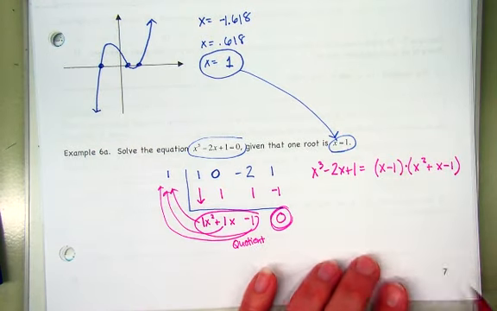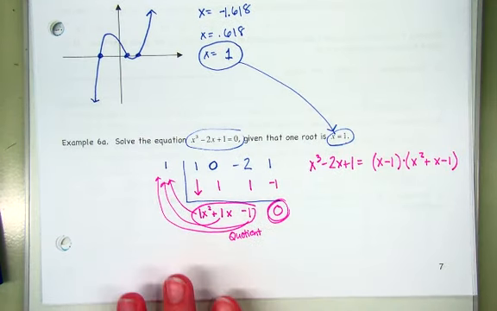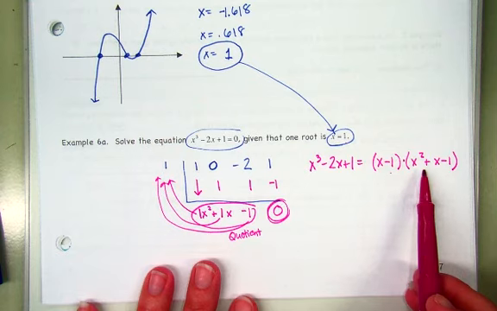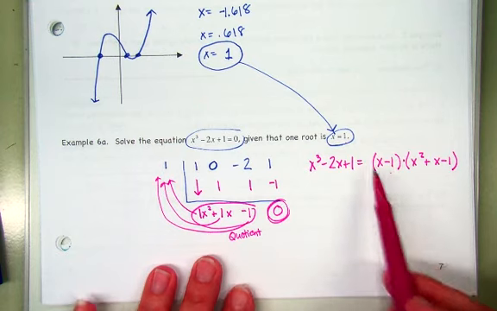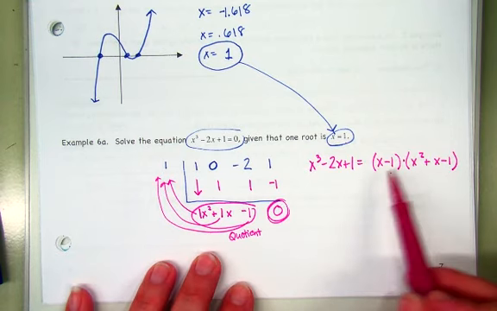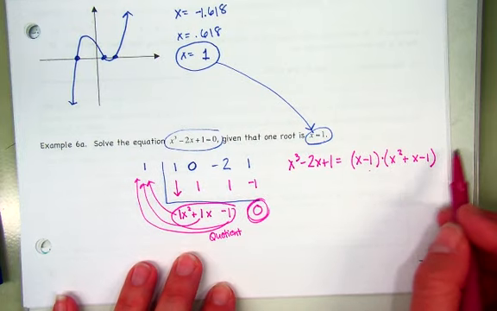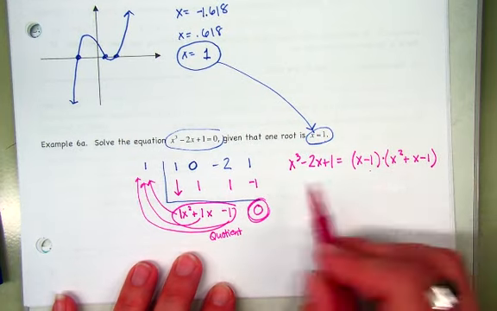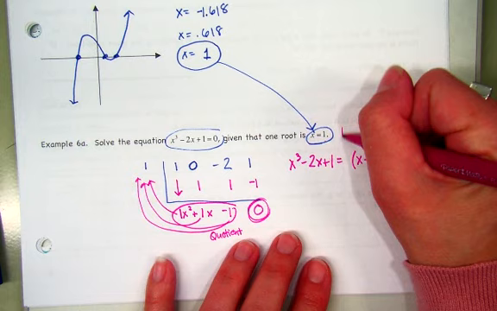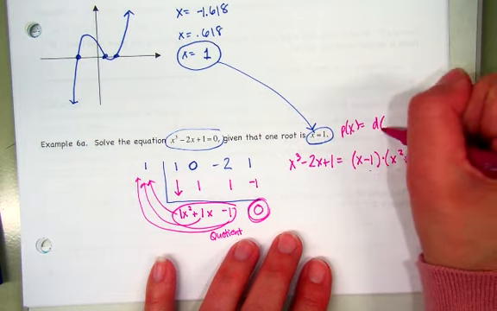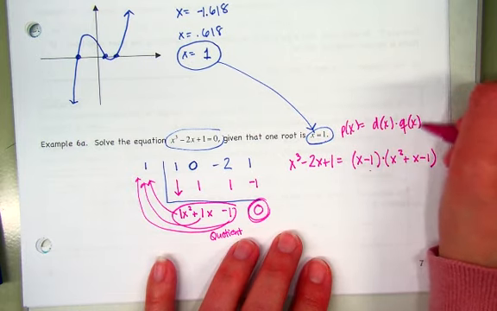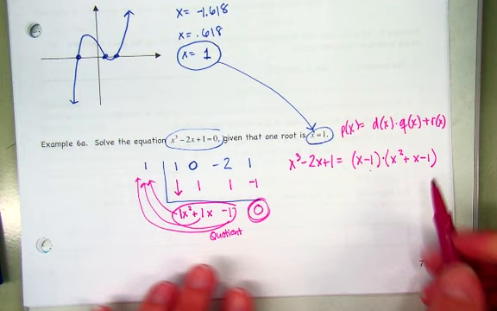Does that make sense? If I multiply these two together, it's going to equal the original. This is a factor of it, so I can write it in factored form. And the remainder is 0, so it would be plus 0 here, but I don't have to write the plus 0. This is just what we did yesterday with product equals divisor times quotient plus remainder.